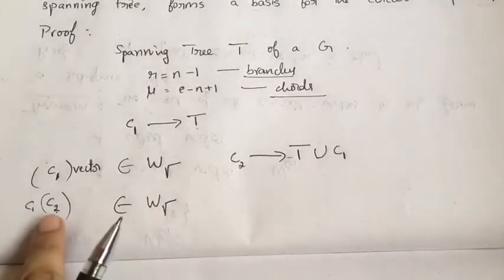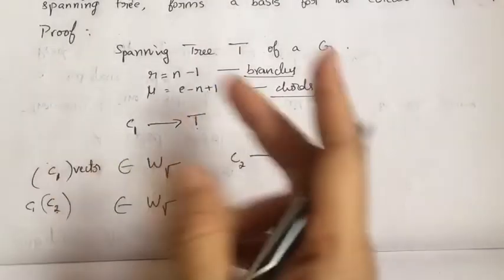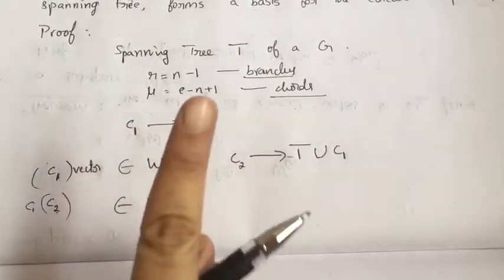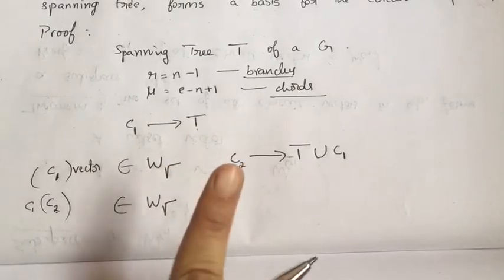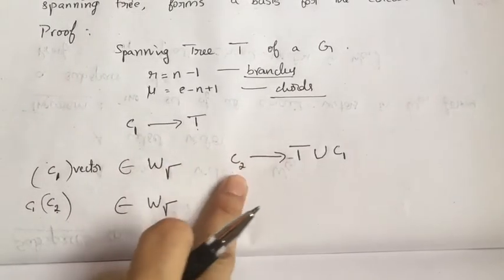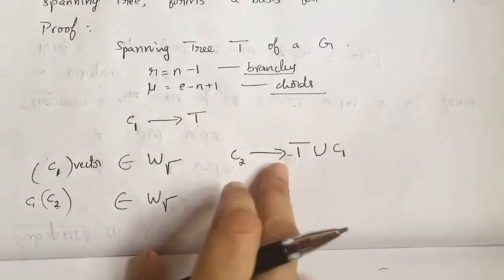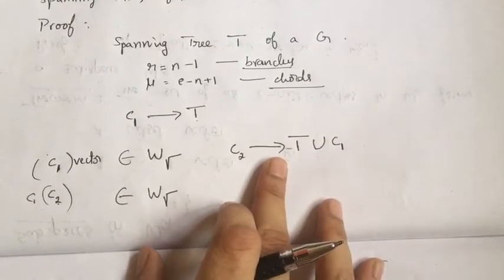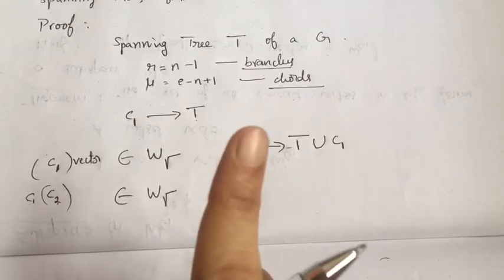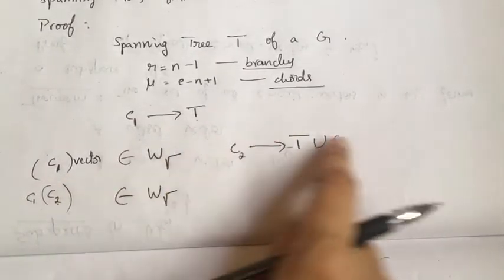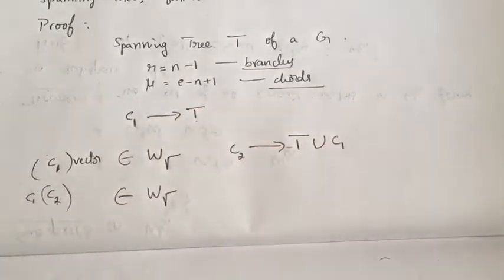This circuit is not found in the previous case. Once I have added one chord, I'm getting only one fundamental circuit, and when I add a second chord, I'm getting one more fundamental circuit. That circuit has at least one extra edge which was not there earlier.